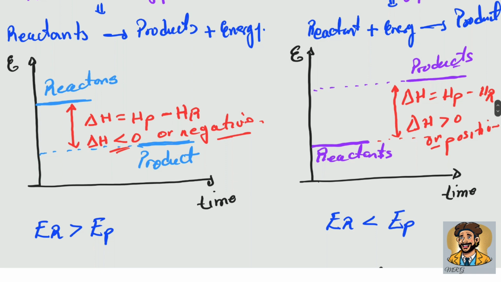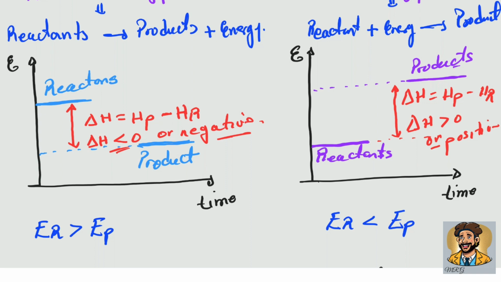In the exothermic reaction, the energy of the reactant is greater than the energy of the product, and the change in enthalpy is negative, or less than 0. And in the endothermic reaction, the energy of the reactant is smaller than the energy of the product, and as a fact, the change in enthalpy is greater than 0, or positive.